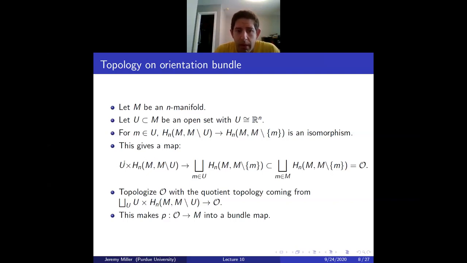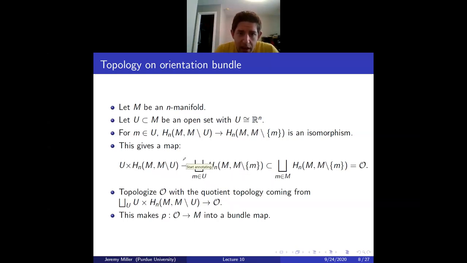of sets from U cross the homology of M rel M minus U to the disjoint union over points in U of this group.